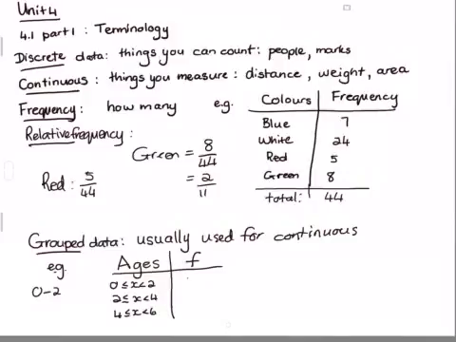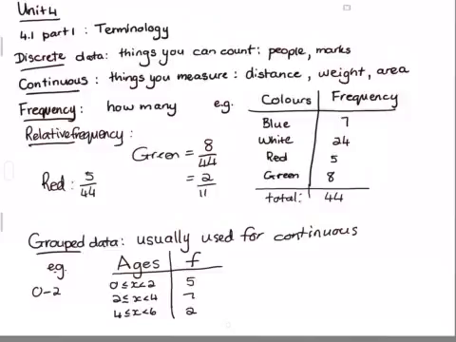So maybe there were 5 babies under 2. But if the child is 2 years old, he goes into the next category. 7 children there, and maybe 2 from 4 up to just before 6.